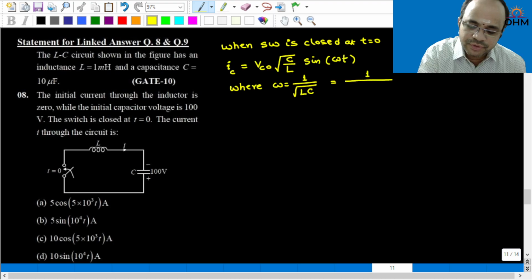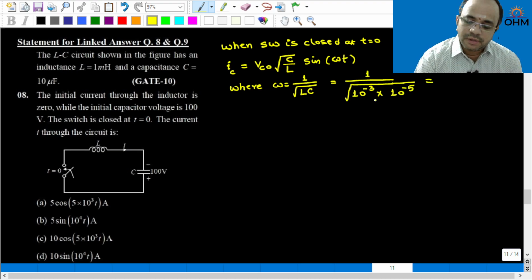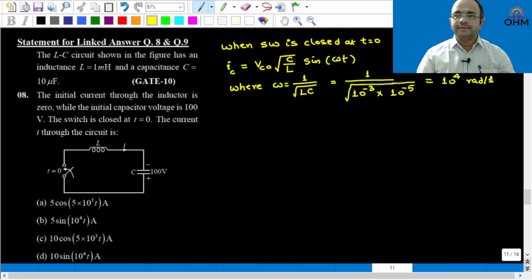Now, if you substitute the numericals, inductance value is given as 1 millihenry, therefore 10 power minus 3. Capacitance value is given as 10 microfarad, that means 10 power minus 5. Therefore, in the numerator it will come as 10 power 8 under root, so it will be 10 power 4 radian per second, because this is omega.